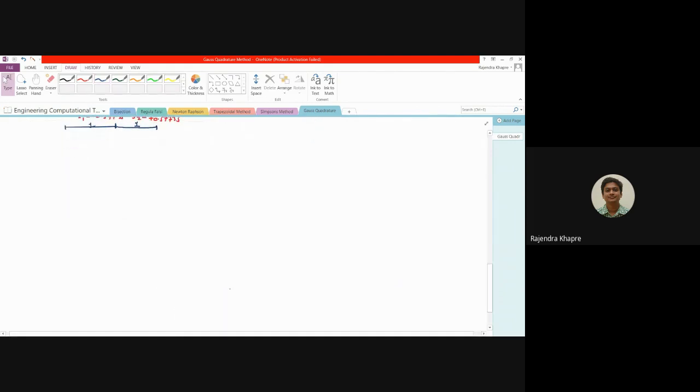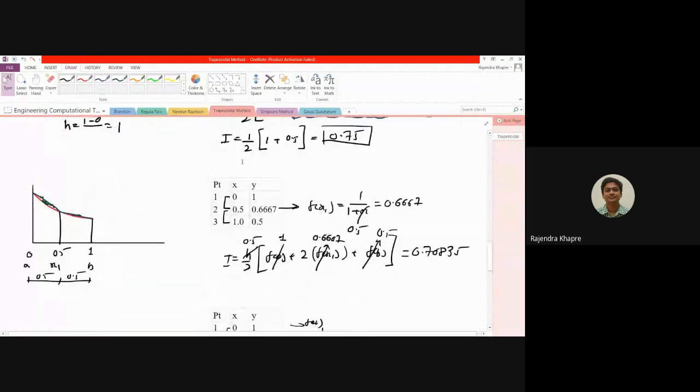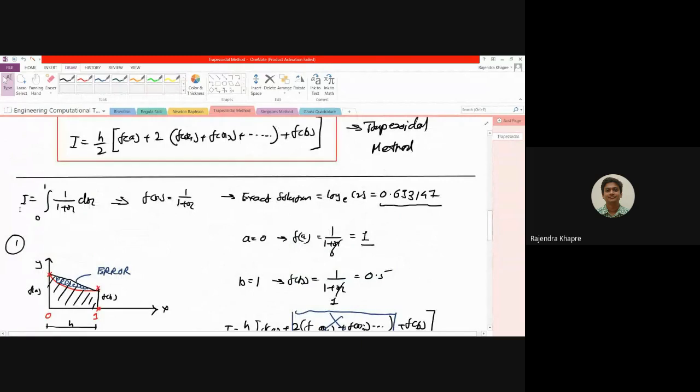Alright, so for example, if you refer to the previous notes, let us say the trapezoidal method notes, you will find that we have gone for the integration I equals integration of 0 to 1. So upper limit is 1, lower limit is 0, and the integration is 1 upon 1 plus x.